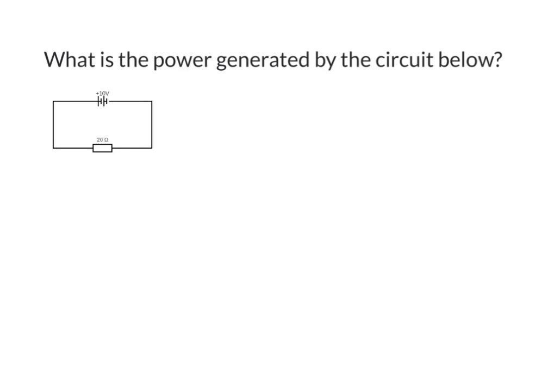And we're going to figure out the power generated by our circuit below. And we're going to start by, again, as always, listing out our givens. We know our voltage is 10 volts. And we know that our resistance is 20 ohms. And we are, of course, trying to find power.